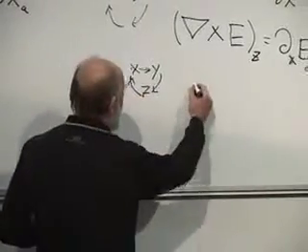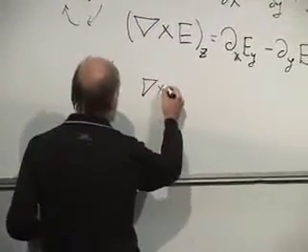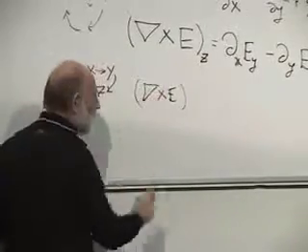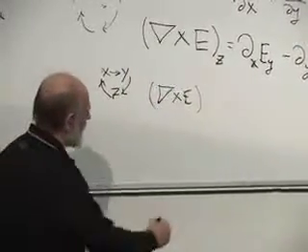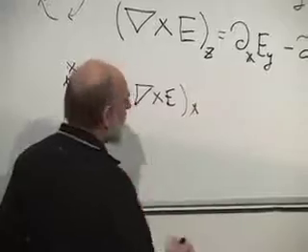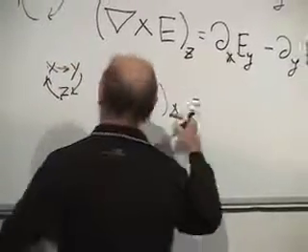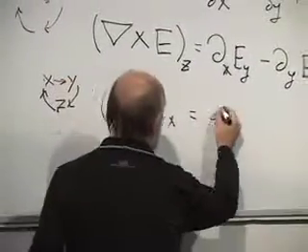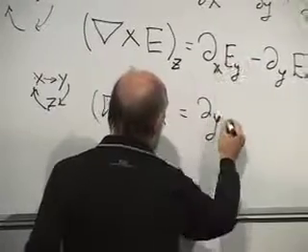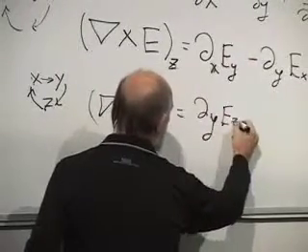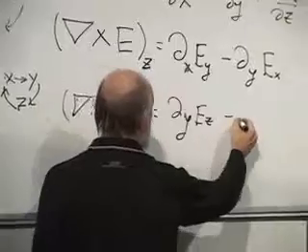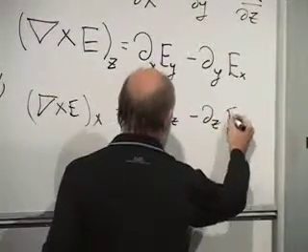So here's what it would look like. Del cross E, z cycles to x, so put an x there, is equal to: now x goes to y, so that's derivative with respect to y, y goes to z, minus dz Ey.